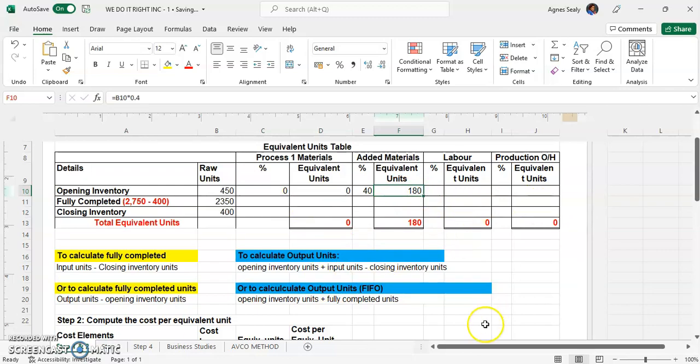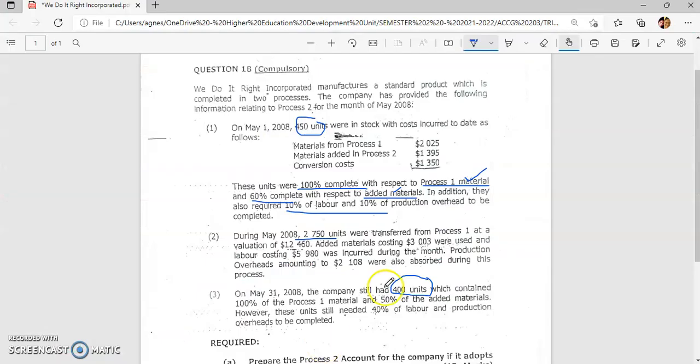What about labor and production overhead? The question stated that, in addition, they also require 10% of labor and 10% of production overhead to be completed. In other words, remember, labor and production overhead combined is our conversion cost.